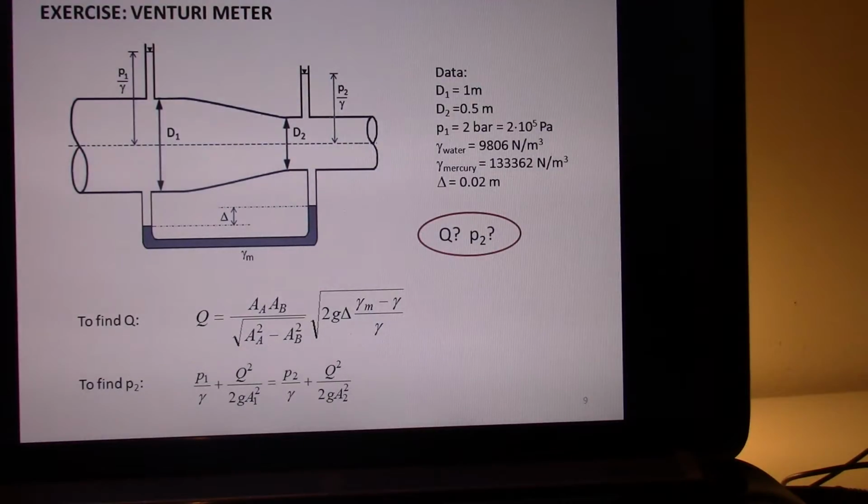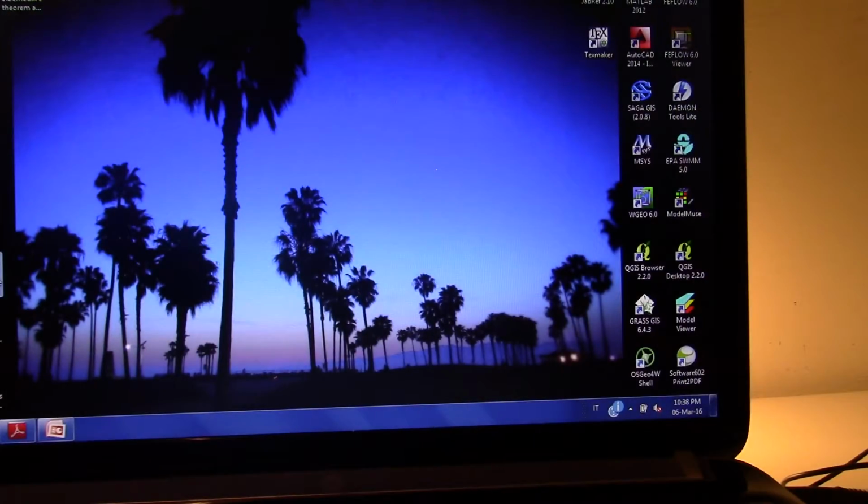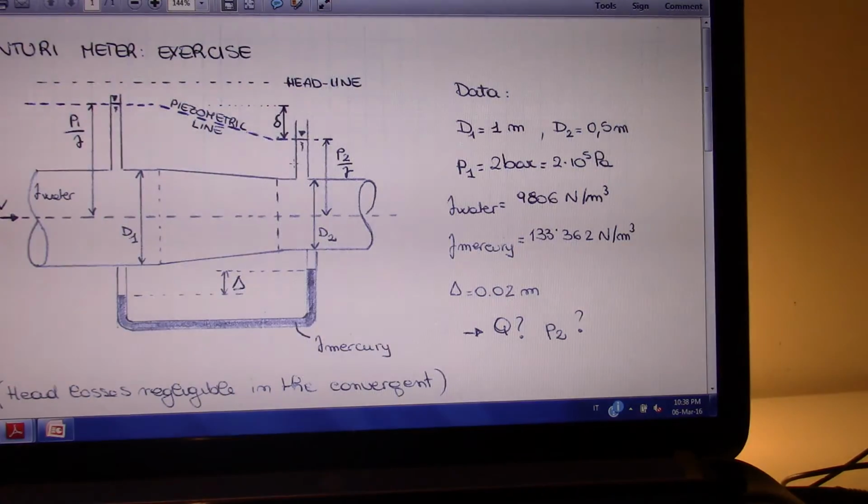Let's try to solve this exercise, and to do this I have to just recall for a while the exercise that I have scannerized.